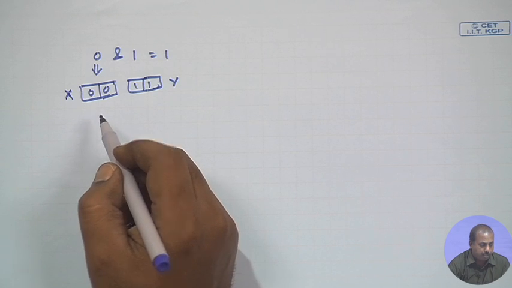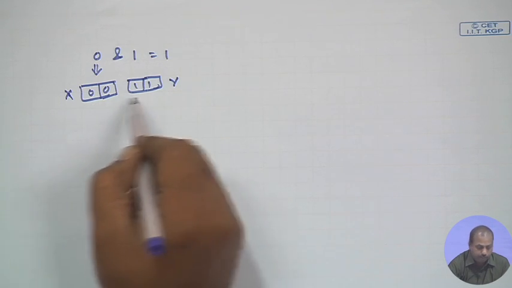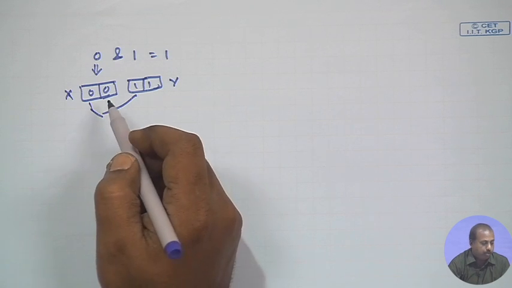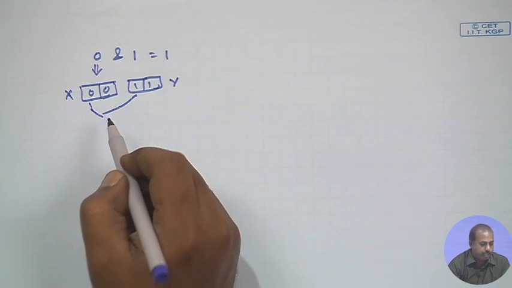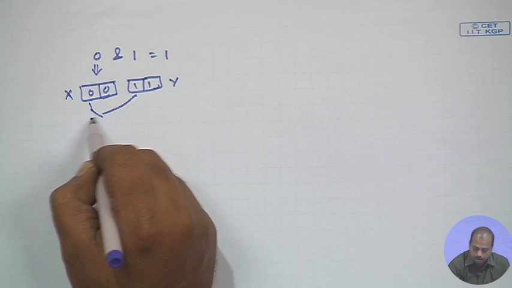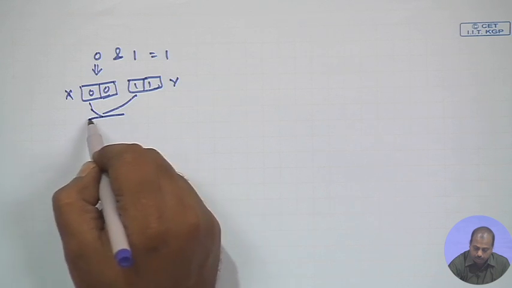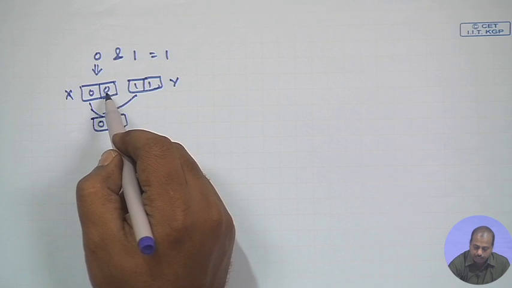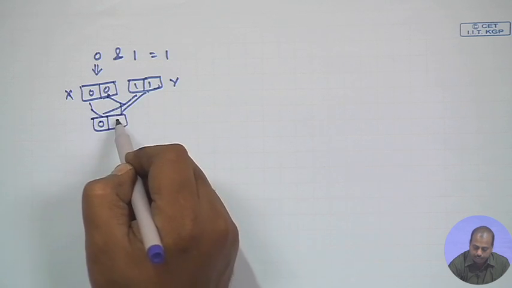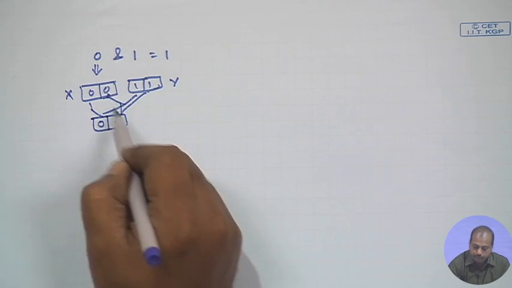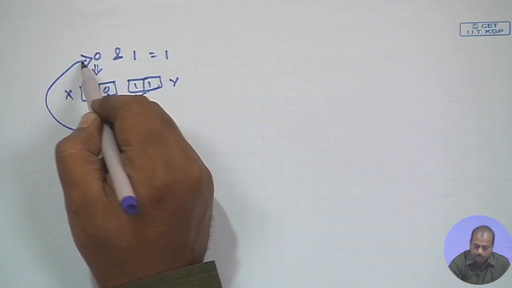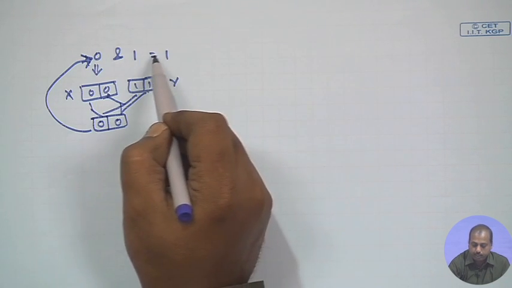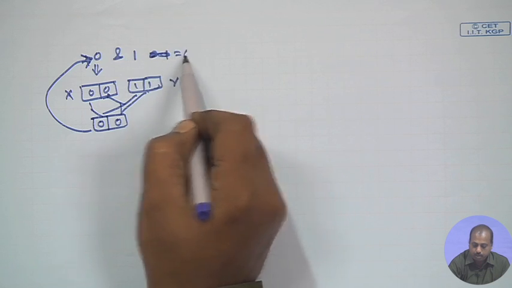When I do the AND of these two, the first bits 0 and 1 will be ANDed and will produce a 0. Similarly, the second bits 0 and 1 will be ANDed and will produce a 0. So the result is 0 0, which is equivalent to the ternary logic 0. So, in ternary logic, 0 AND 1 is equal to 0.